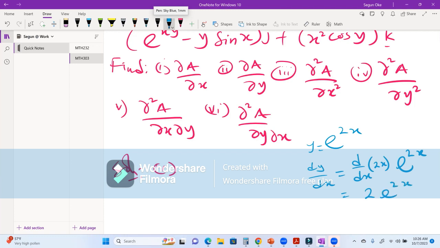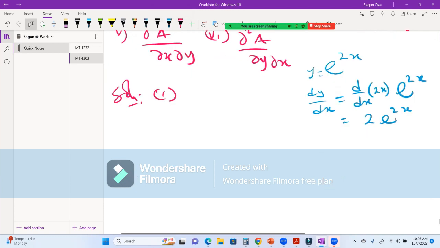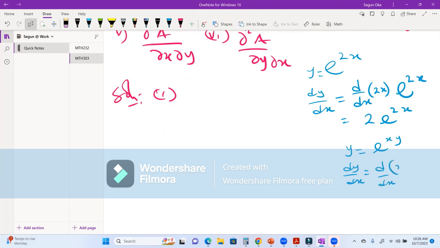That is it. So if I'm now solving, if I have y equals exponential xy, they said dy dx, it simply means d dx of xy exponential xy. And my final answer will be what? Who can tell us?